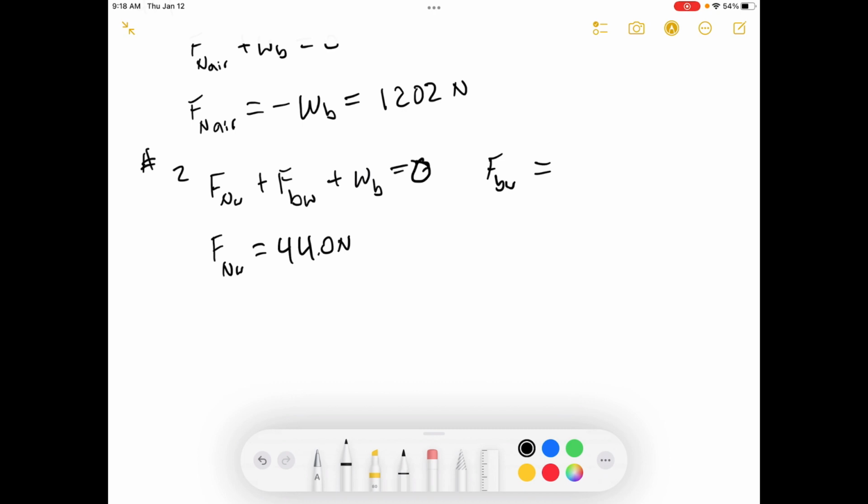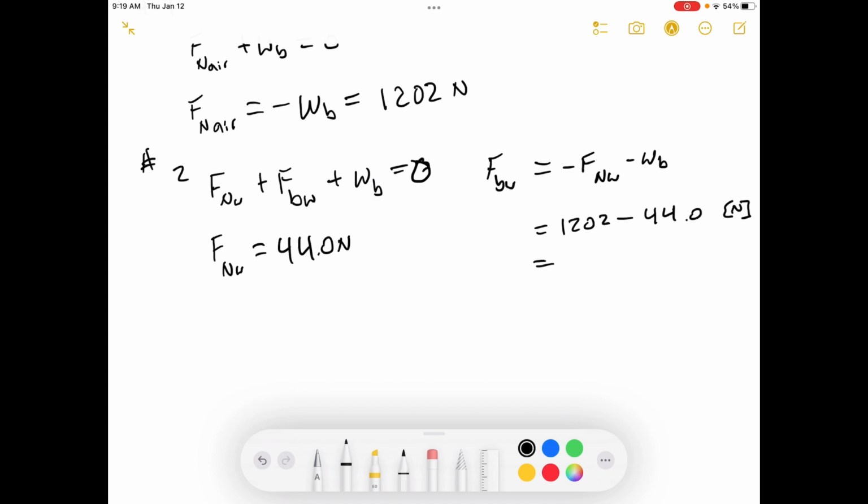So the buoyancy force equals the normal force minus the weight. We know that the weight is negative, and the two negatives make it into a positive, so that is the weight minus the normal force, which is 44.0, and this is all in newtons.